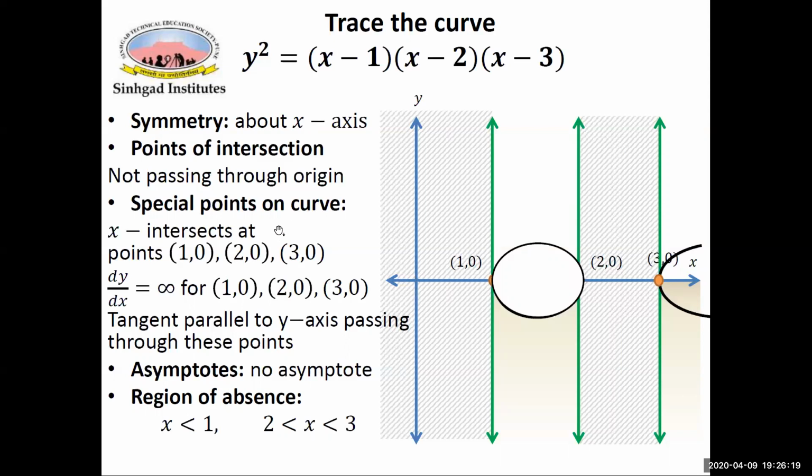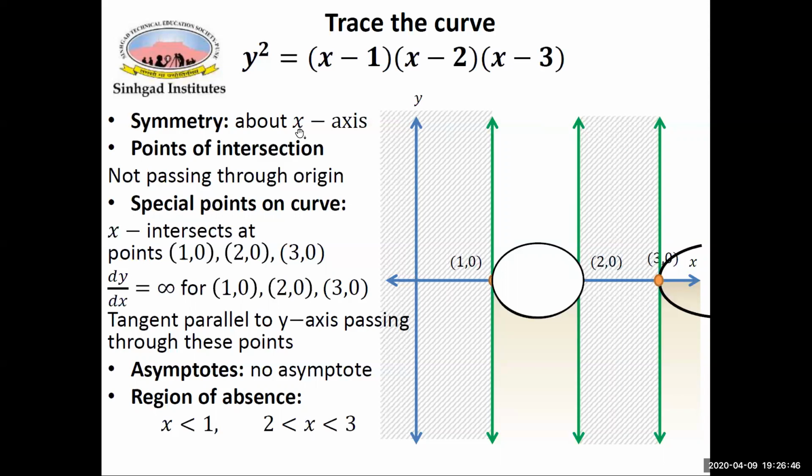So there are 3 points of intersection on the axis of symmetry. Now, dy by dx at each point will be infinity, because the tangents will be parallel to the y-axis passing through these points.